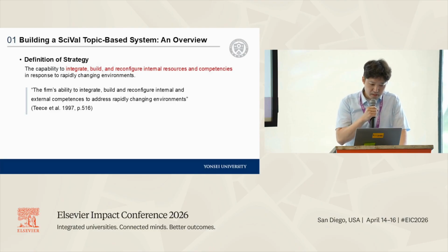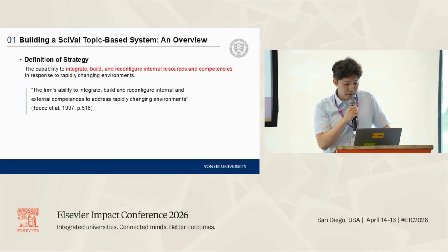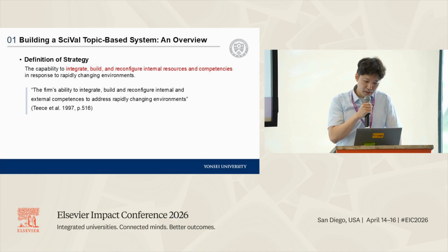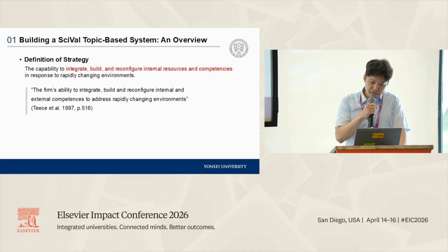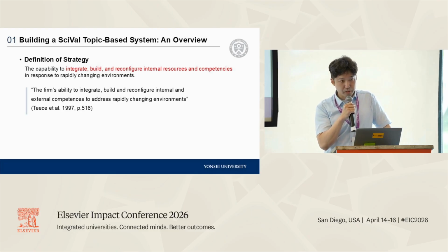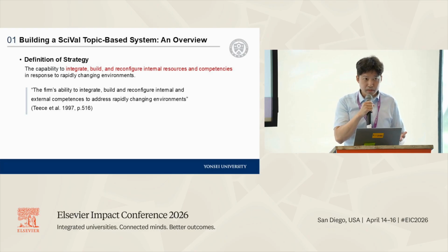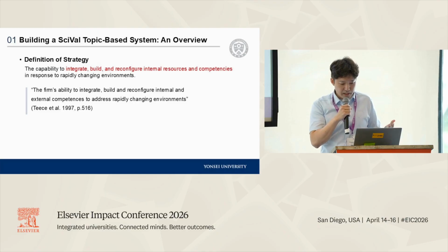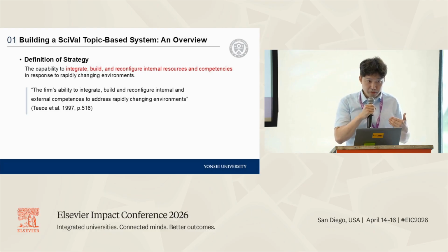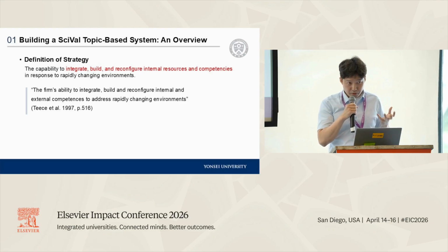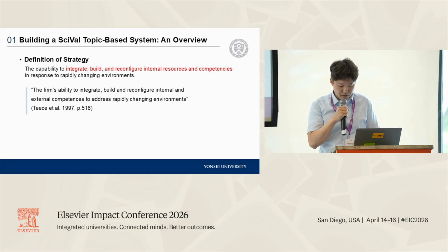David Teece, a renowned authority on strategic management, defined this concept as the firm's ability to integrate, build and reconfigure internal and external competencies to address rapidly changing environments. So this definition is exactly what we aim to operationalize through a SciVal topic-based system. By analyzing the external trends and internal resources, we enable the university to reconfigure its research focus and stay competitive in the global landscape.